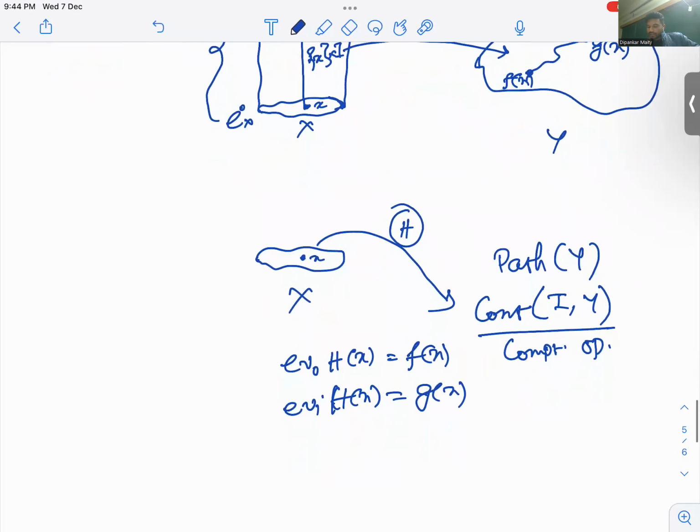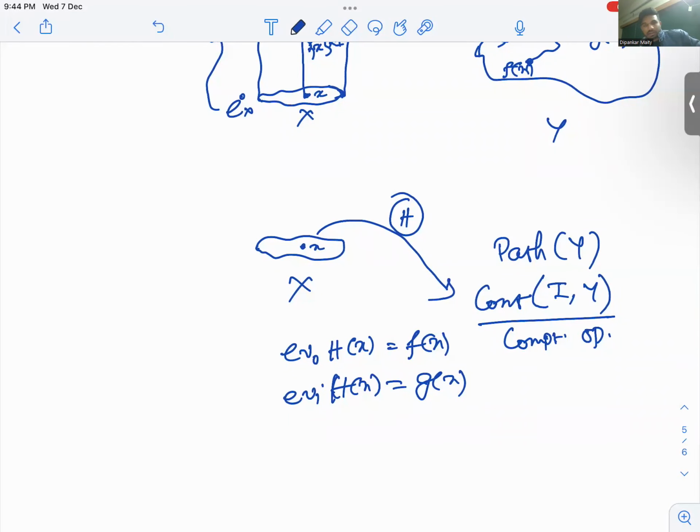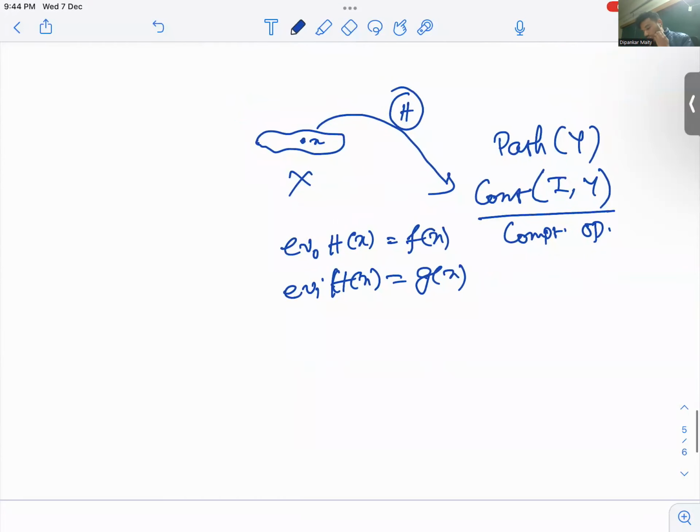Instead of using cylinders, one can use the idea of path objects, path spaces, and one can, in principle, abstract out this property of path spaces to abstract categories. So let us do that.